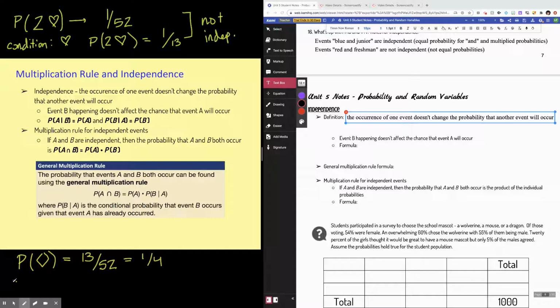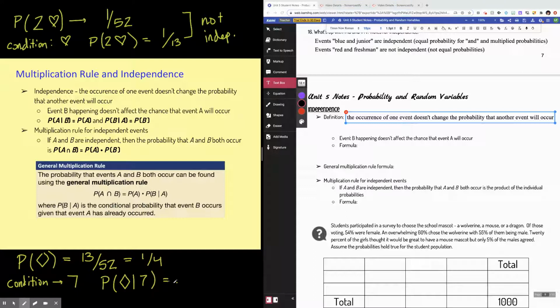Okay, so again, I'm going to pull a card, and I'm going to give you a condition. The condition is that that card is a 7. Now I'm asking you, what's the probability that I've pulled a diamond, given that I already know that the card is a 7?